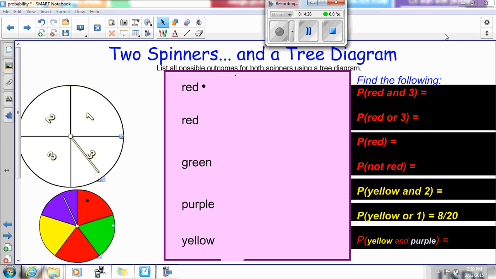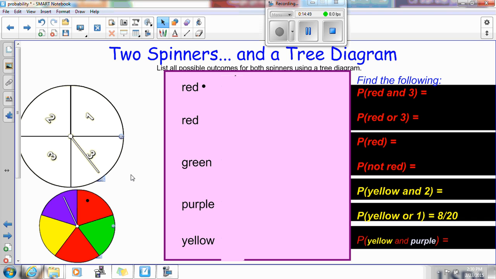All right, let's say we have a little bit more complicated problem. Let's say that we have 2 spinners. We have one that has numbers 1, 2, 3, and 3. And then we have another one that has colors: red, purple, yellow, another red, and green.